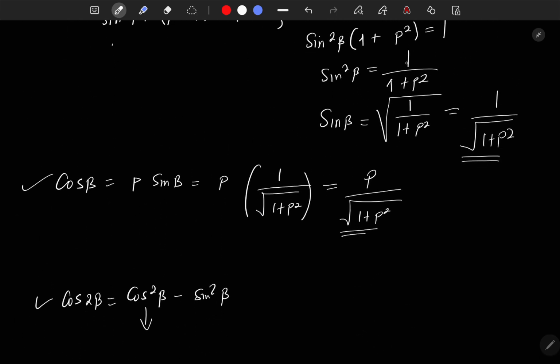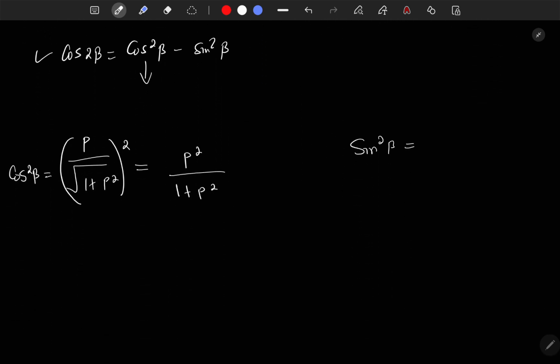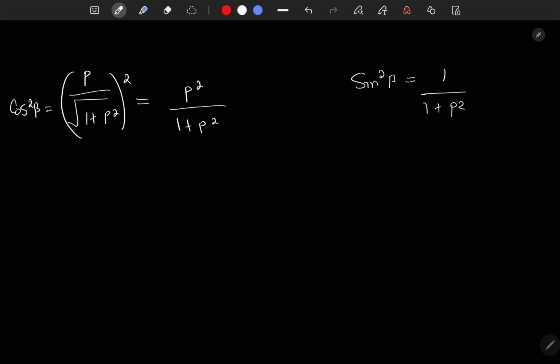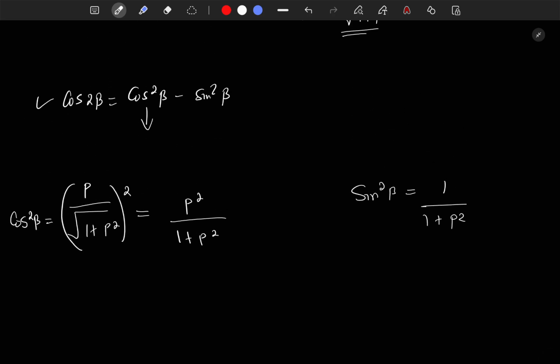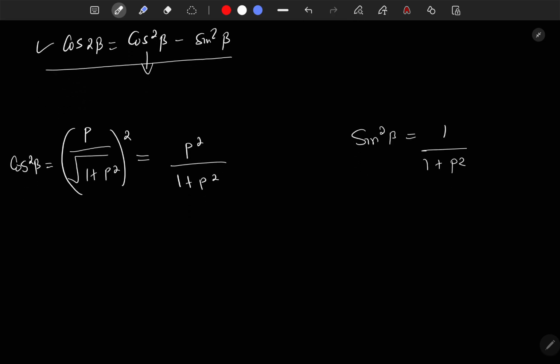Our sine squared beta is 1 over 1 plus p squared. I remember this, right? So now let's take them back into this equation that we've come up with.